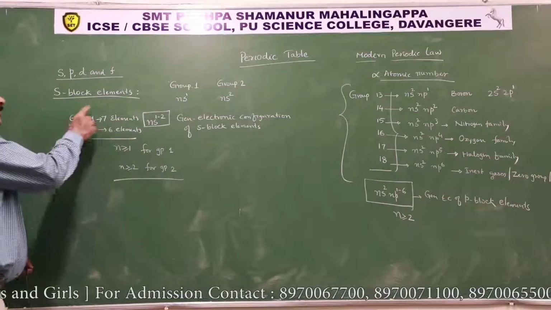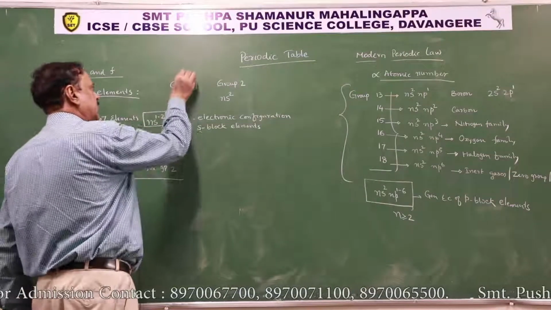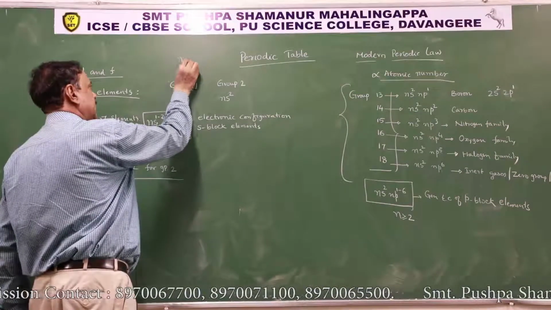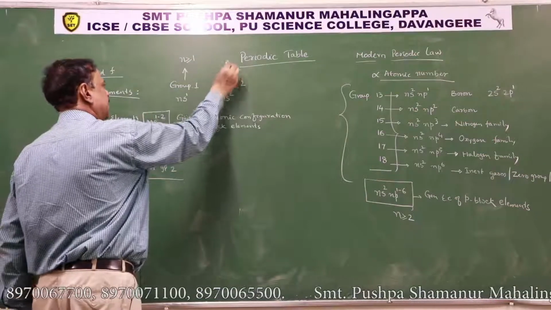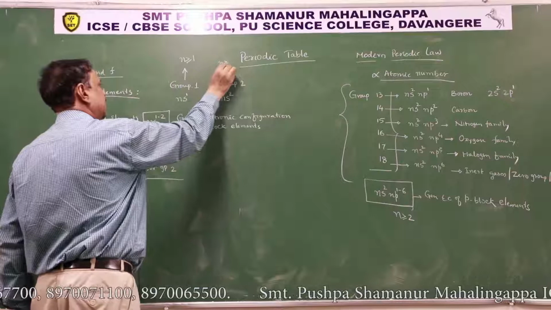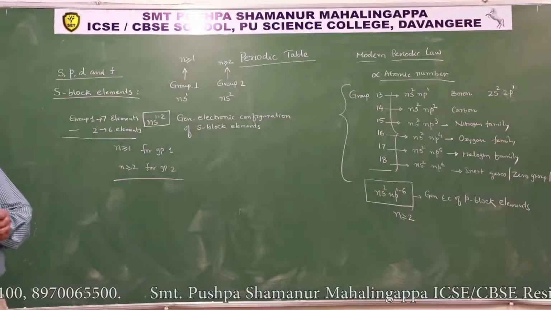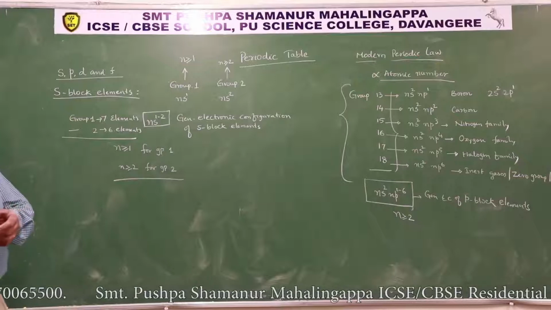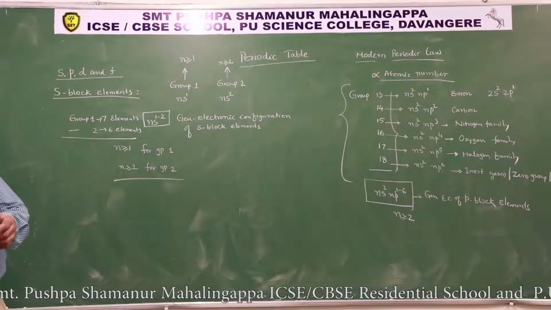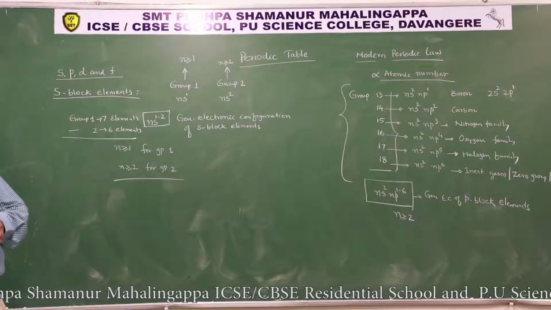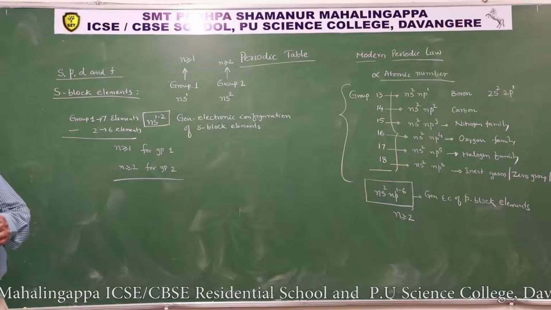Just by putting ns1 configuration, it is not sufficient without the n value, that is n greater than or equal to 1. For group 2 you can predict the n value, n is greater than or equal to 2, starting from beryllium. Beryllium has 2s2 configuration, next we come across 3s2 configuration for magnesium, 4s2 configuration for calcium, and so on.